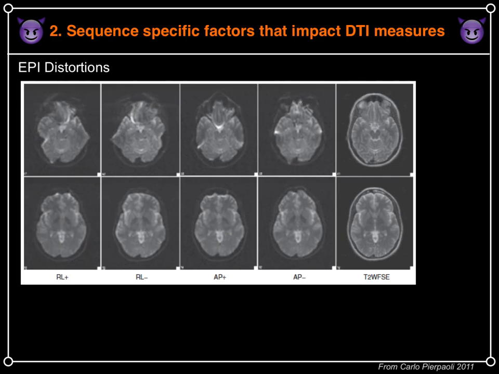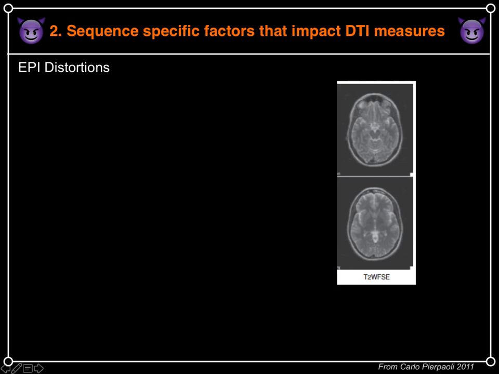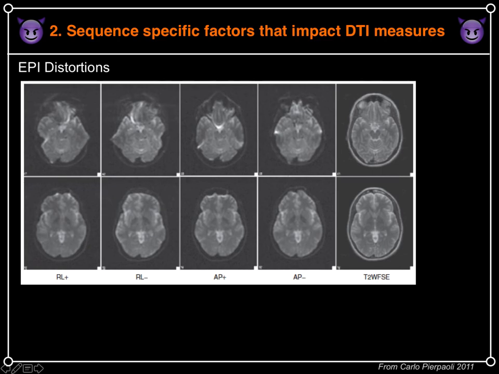The other very common distortion is EPI distortion. What I'm showing you here is a T2-weighted image, a slice of the brain of the same subject, one at the level of the orbits of the eye, and this one a little superior. Now watch what the diffusion images look like. This is the same slice, but you can see that the orbits are completely warped.